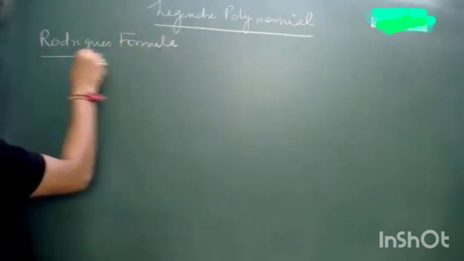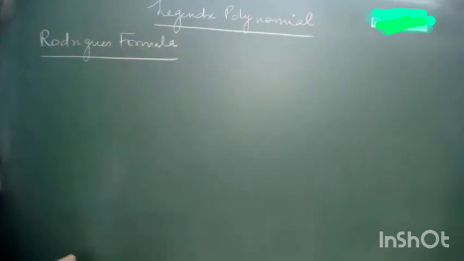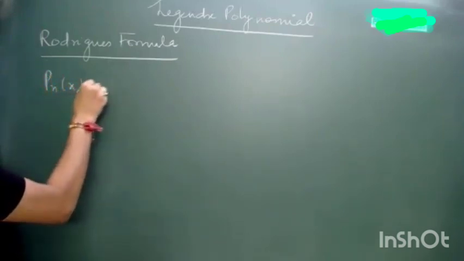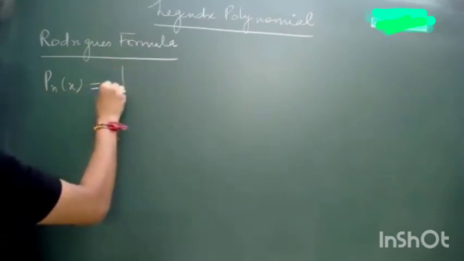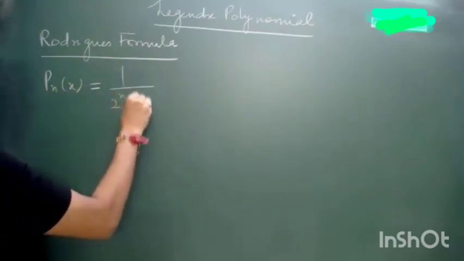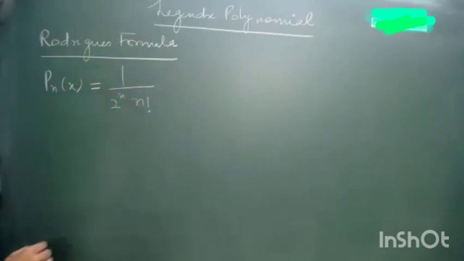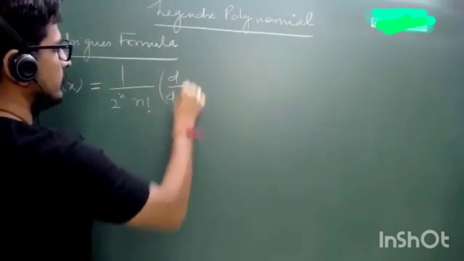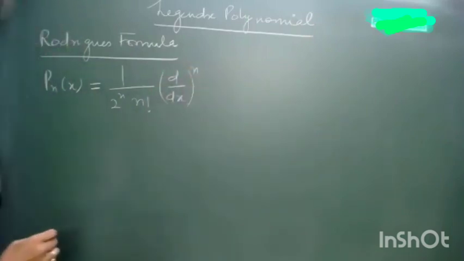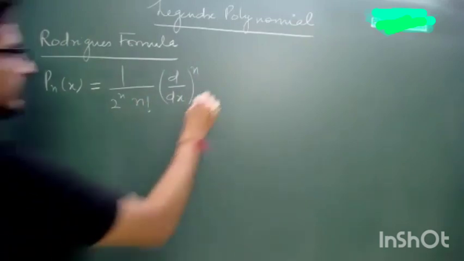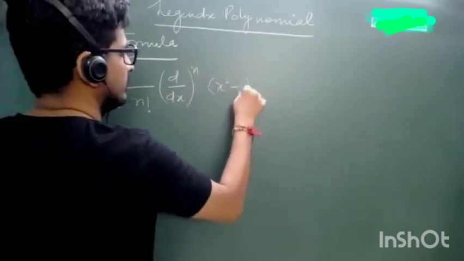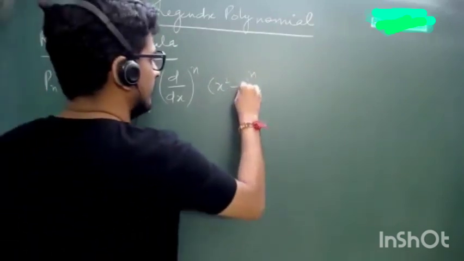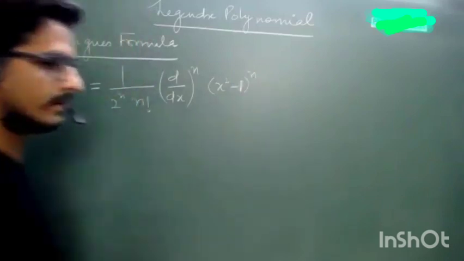So this formula gives us a method to calculate different polynomials, and the value of the polynomial is given by 1 upon 2 to the power n factorial, d by dx to the power n, x square minus 1 to the power n.